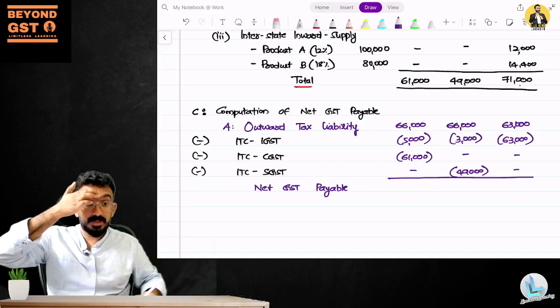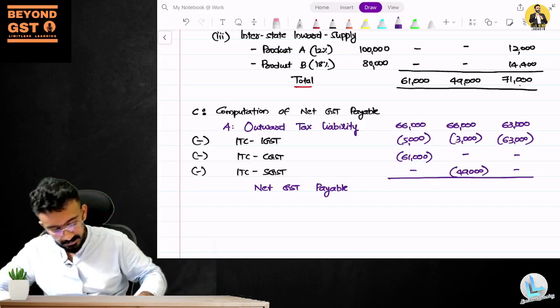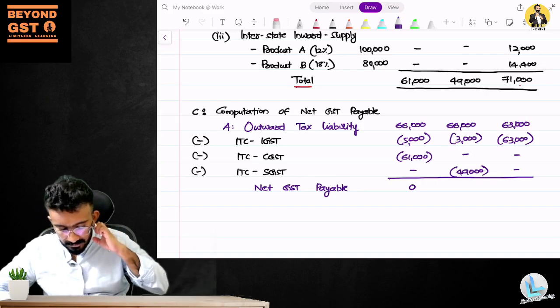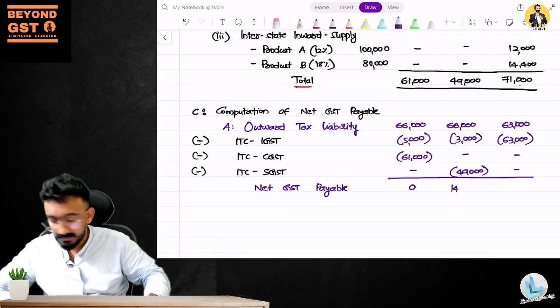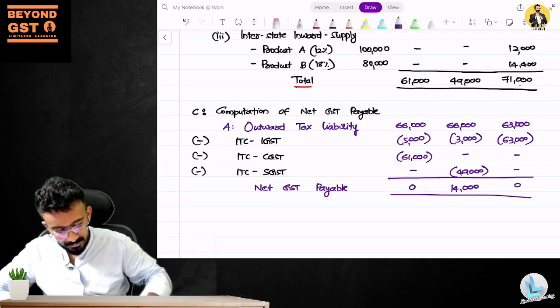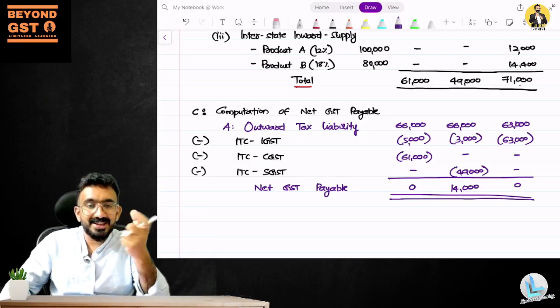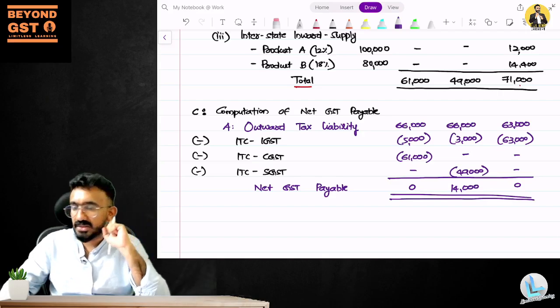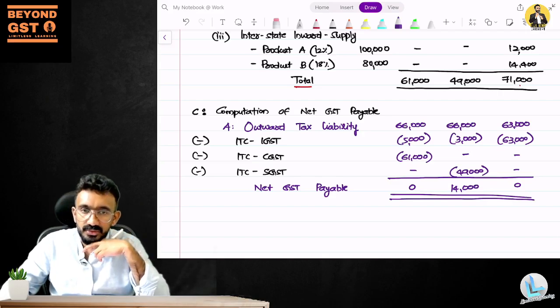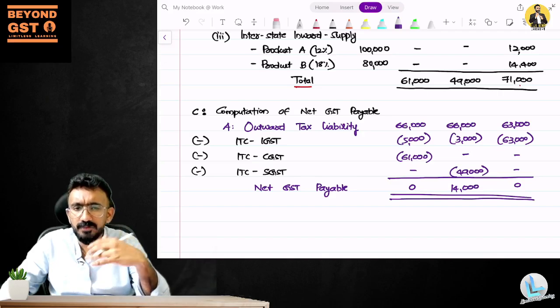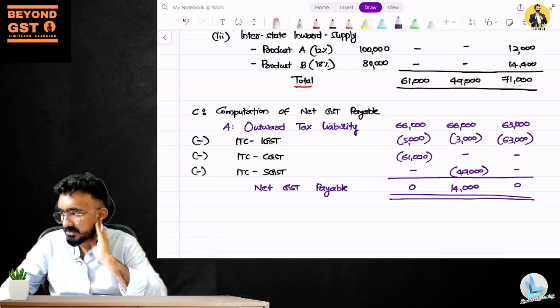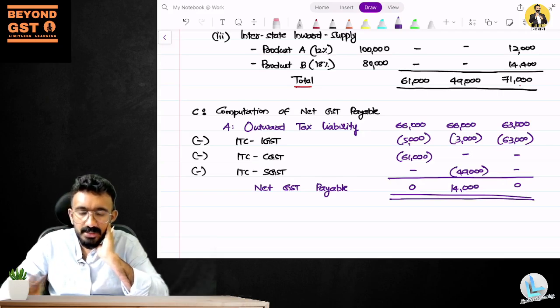What is my net GST payable? 0. 14,000. 0. Or I can get 5,000 and 9,000. That's also total 14,000, right? So I cannot go below 14,000 in this question. That's your understanding. If I get minimum liability of 14,000, can I go below 14,000? No, I cannot.